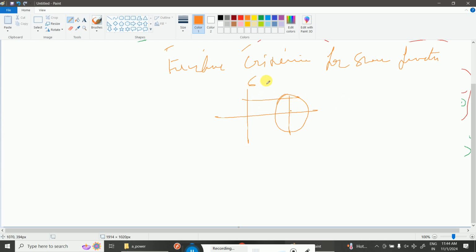This is your sigma s and this is sigma n. Then sigma s is equal to sigma 1 minus sigma 2 upon 2 times sine 2 theta, as we have seen.